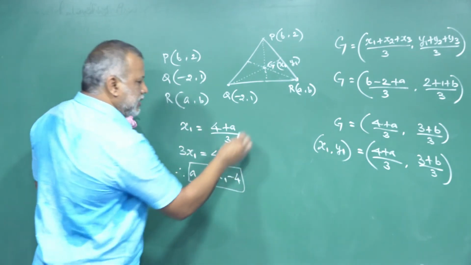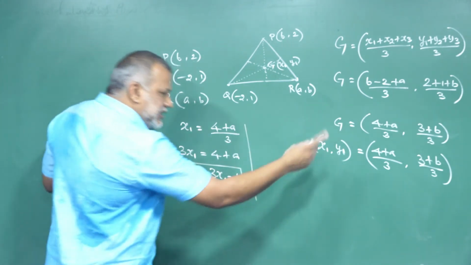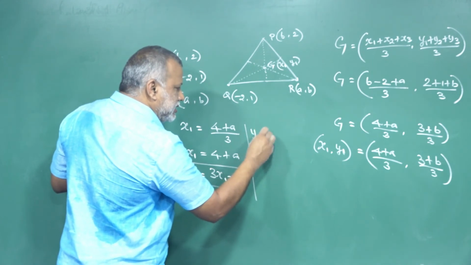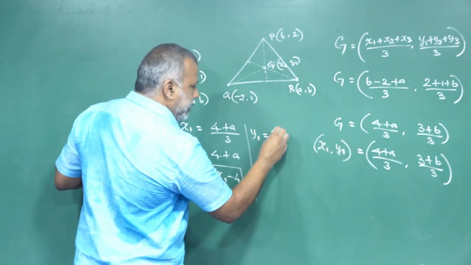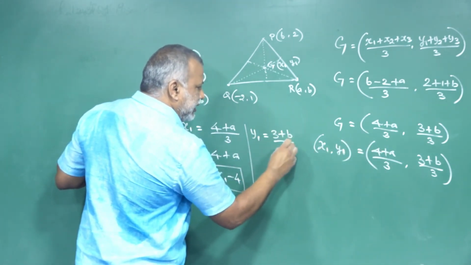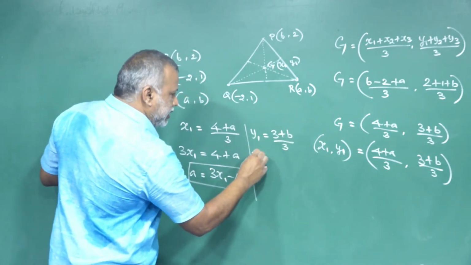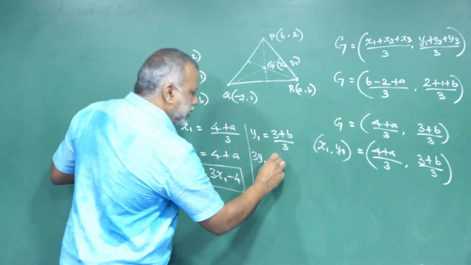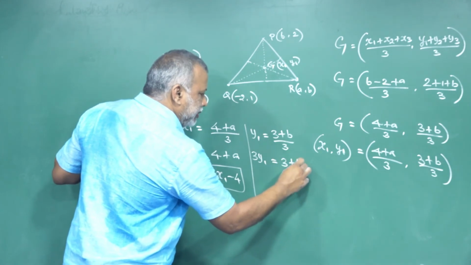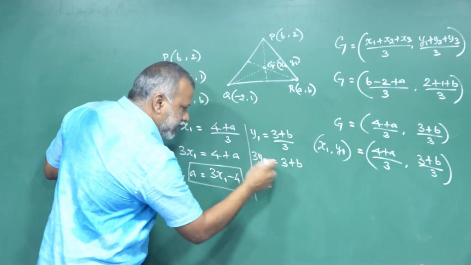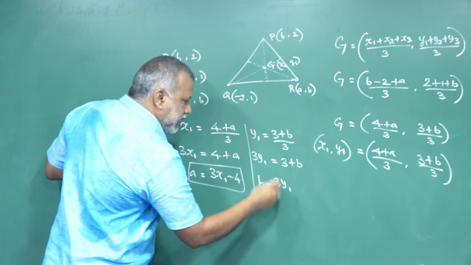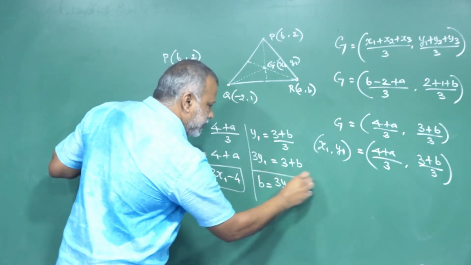So I can find the value of a from this. The same way, compare this. y1 is equal to (3 plus b) divided by 3. Cross multiply, 3y1 is equal to 3 plus b. Therefore, b equal to 3y1 minus 3.